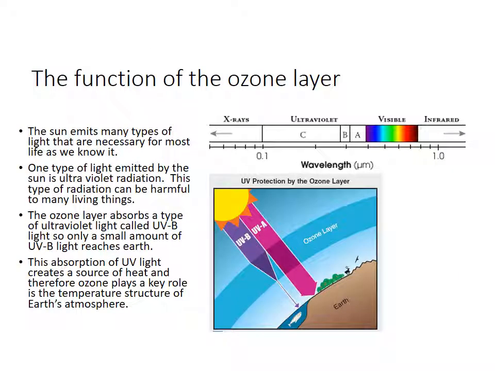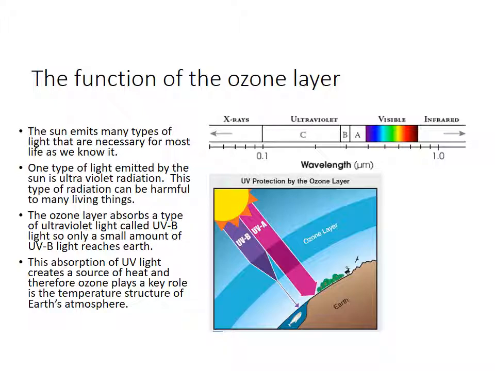The ozone layer has a really important function. The sun, as you may know, emits many different types of light, and a lot of this visible spectrum is necessary for life on Earth as we know it. So it helps plants grow, it gives us heat and energy, and the light from the sun obviously is really important.